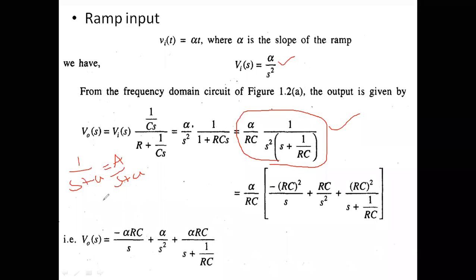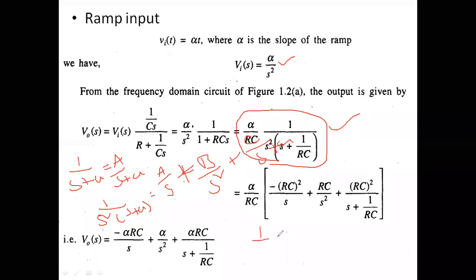If our expression has the form s square into s plus a, then you may write it as a by s plus b by s square plus c by s plus a. I think you may remember these partial fractions. If you forget, I am simply recalling them.